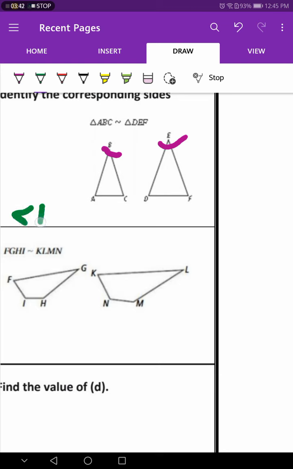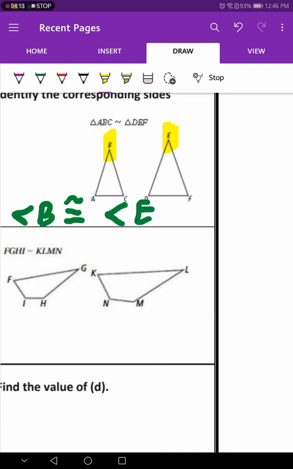The angle B, corresponding or congruent with the angle E. So the angle E here and B have the same measurement. Okay? So we said the angle B corresponds to angle E. That means they are equal.